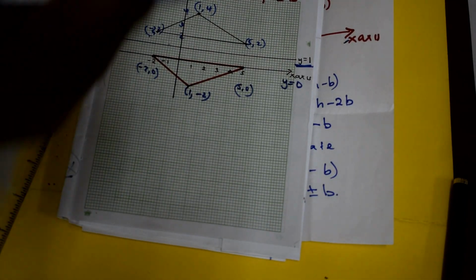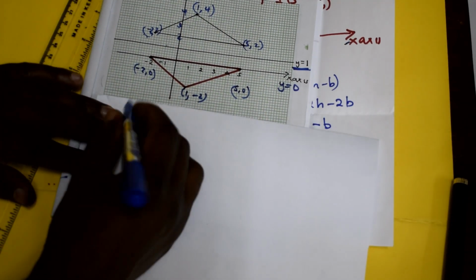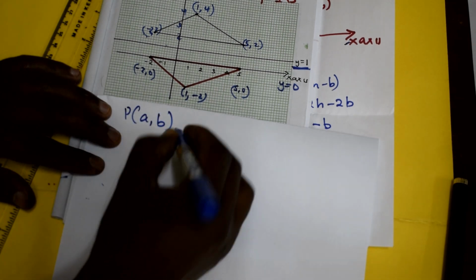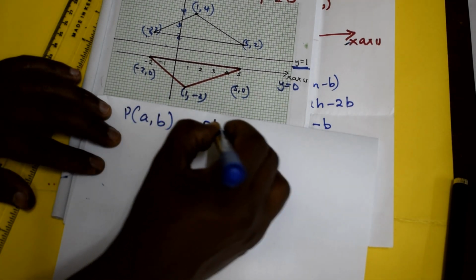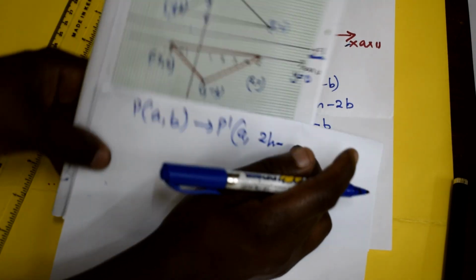Therefore, we can take a few cases here. So we have said the image for P with coordinates (a, b) will be P prime (a, 2h minus b).